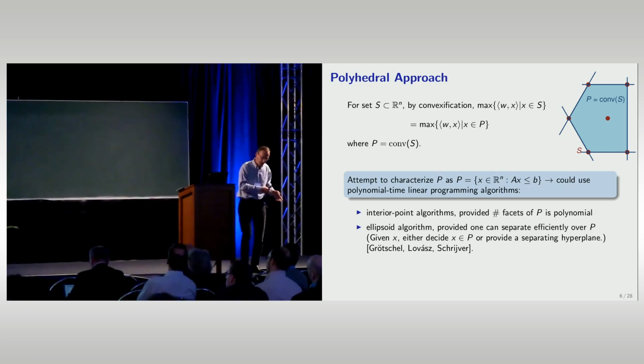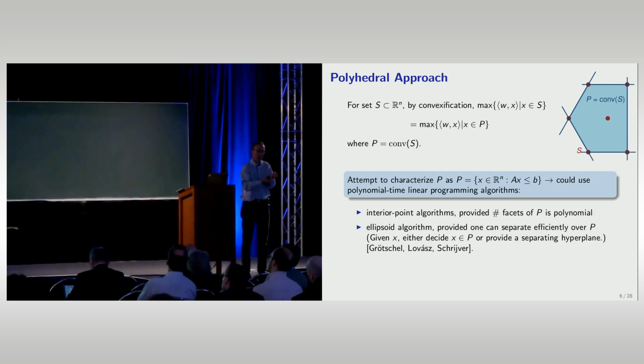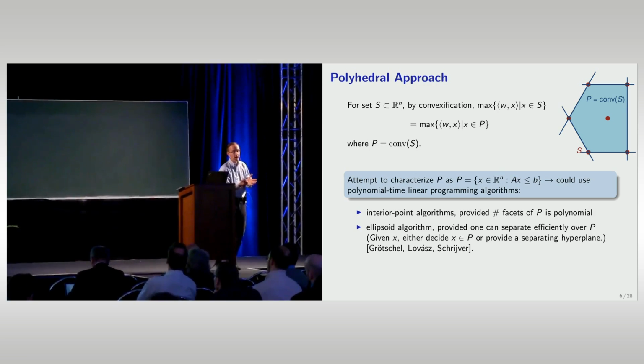There is another option, which is to use the ellipsoid algorithm. The application to discrete optimization is due to Grötschel, Lovász, and Schrijver. They showed that if, given a point, you can decide whether that point is in the polytope or generate a separating hyperplane, then you can optimize over the polytope efficiently.